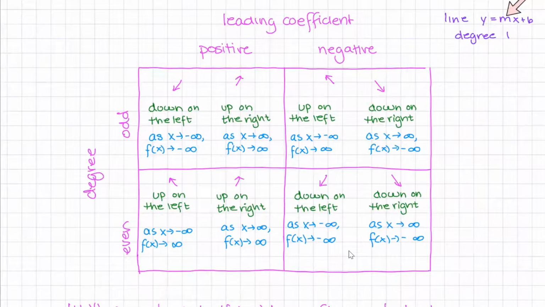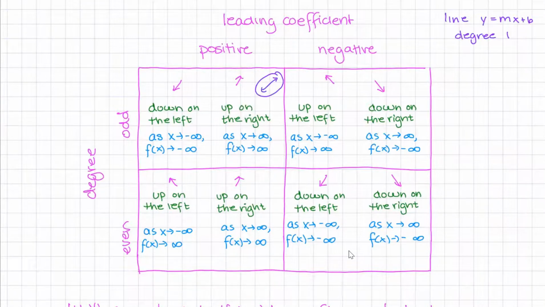You guys know positive and negative slopes. So if it's odd degree, think about a line with a positive slope, and that's a line that goes uphill. It's down on the left and up on the right. That's your end behavior.